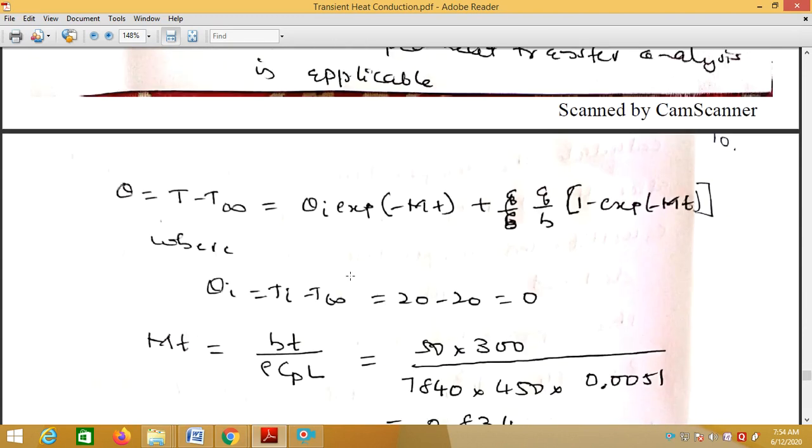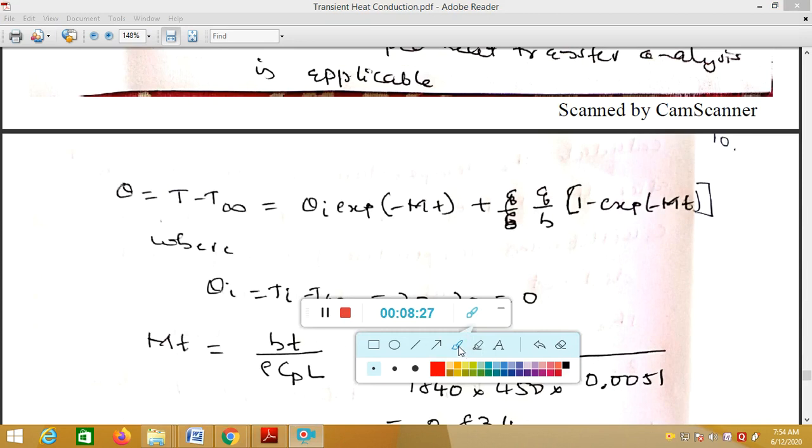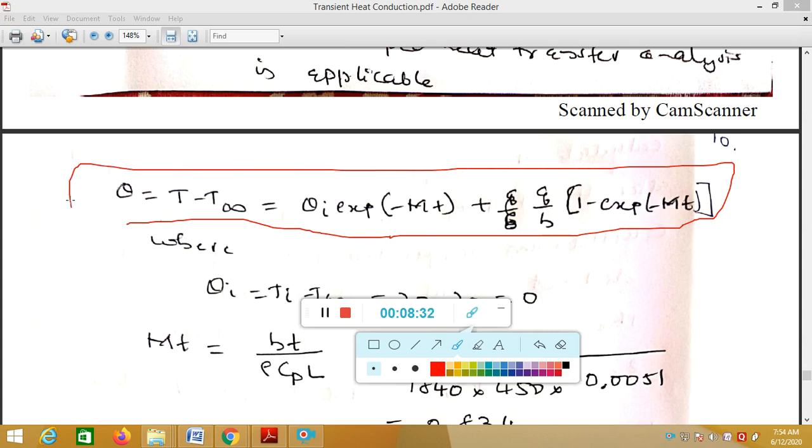We know this formula for lumped heat analysis. This is the expression for the lumped heat analysis. Here theta equals T minus T infinity, theta i exponential of minus mt plus Q by h into 1 minus exponential of minus mt. The initial temperature of the iron is 20 degree centigrade, so theta i becomes 20 minus 20, as the atmosphere temperature is also 20.